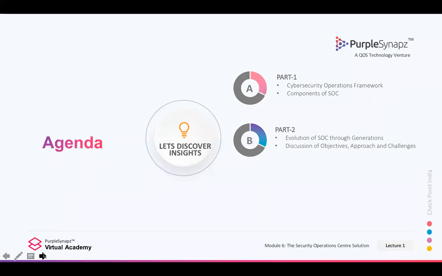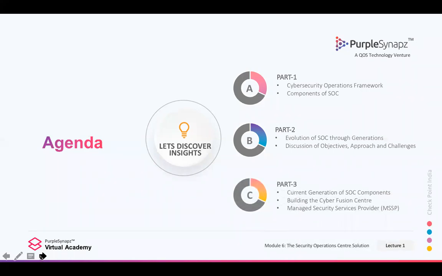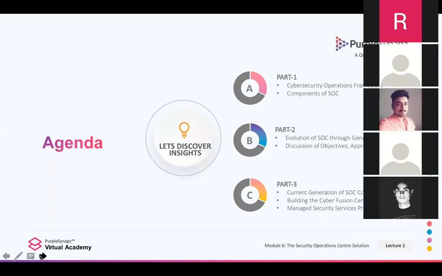And also we're going to discuss the key objective, approach, and challenges with respect to each one of these generations. Eventually, we will finish with the last part of the session, which will happen tomorrow morning. We are going to cover the current generation SOC components.